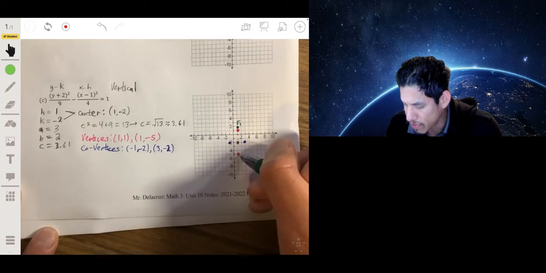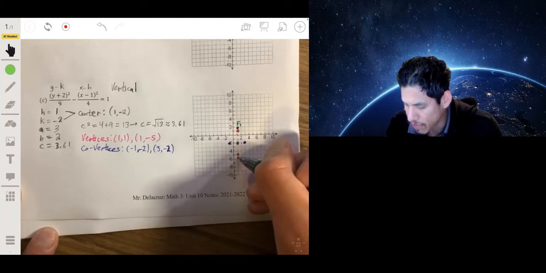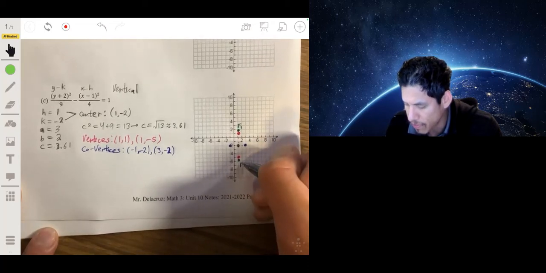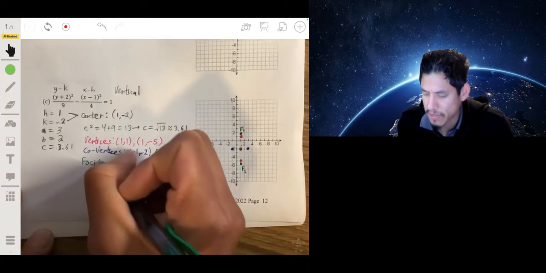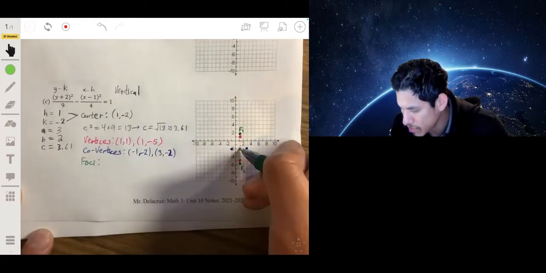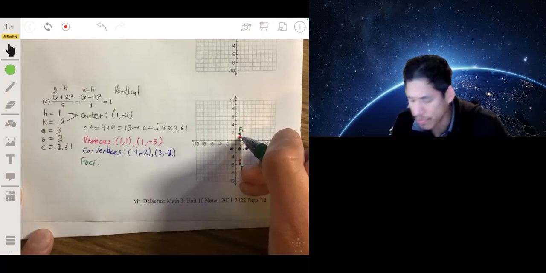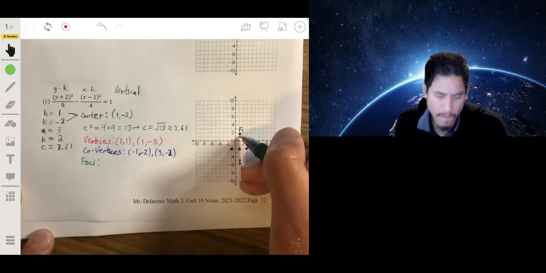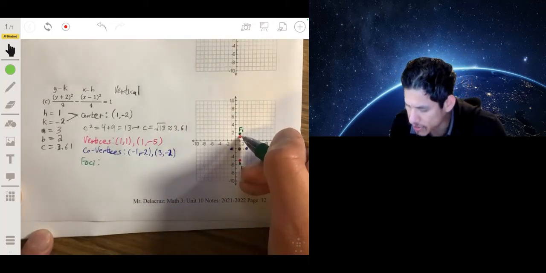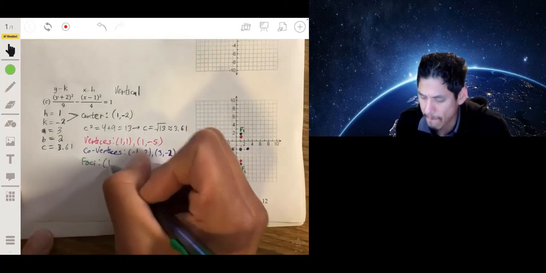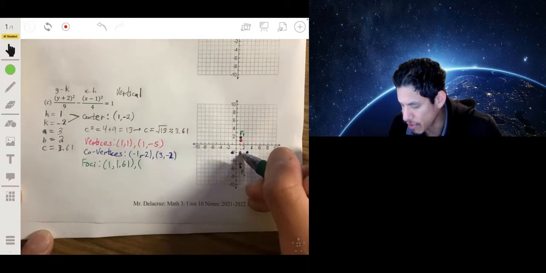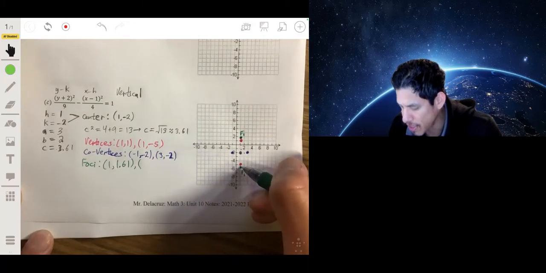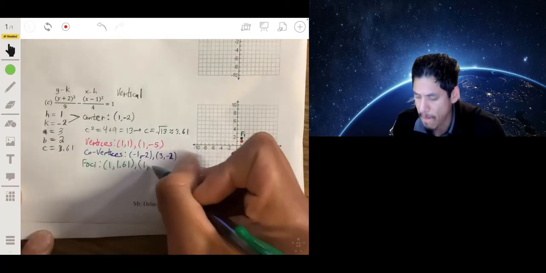And the other one, 3.61 below, so right below the other vertex. So the foci will be at 1, 1.61, and the other one will be at 1, -5.61.